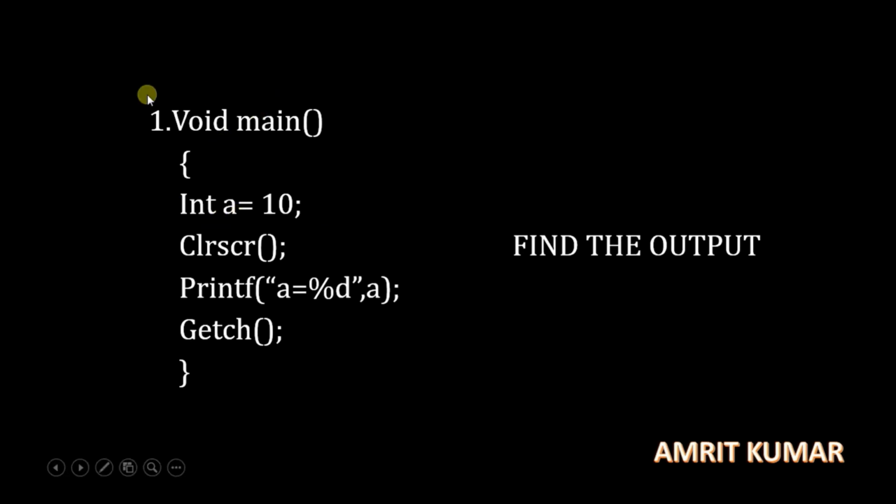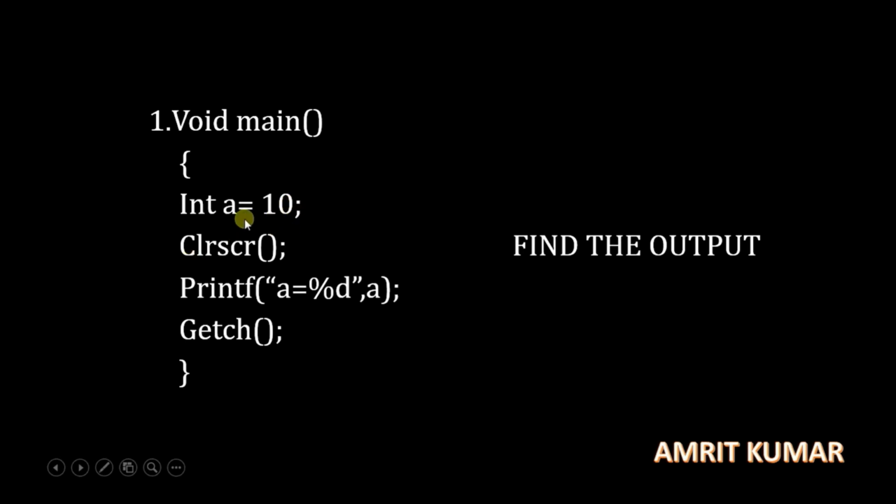So a is a variable storing the value 10, and its data type is integer. Then a semicolon, which is used for termination.